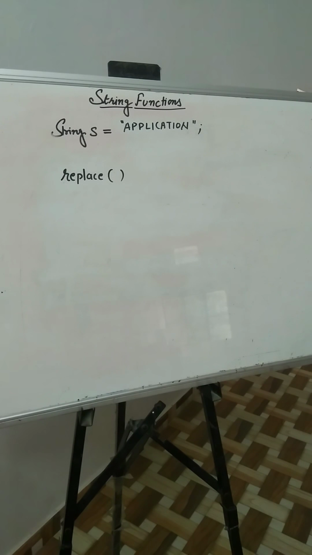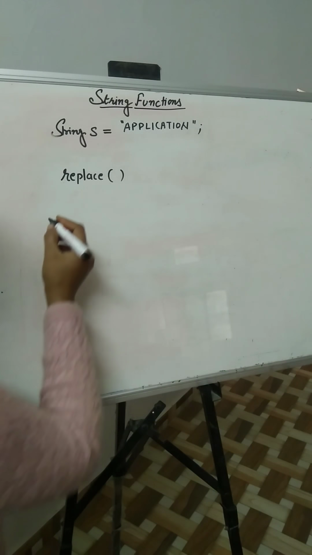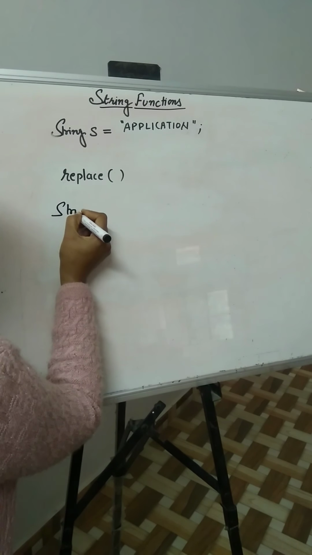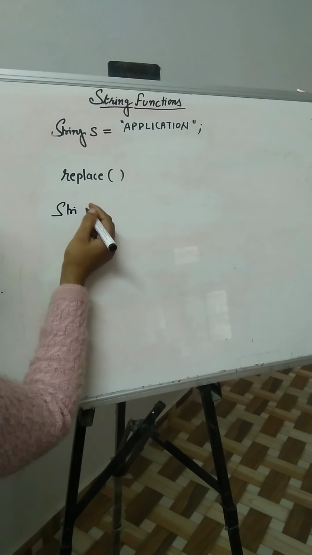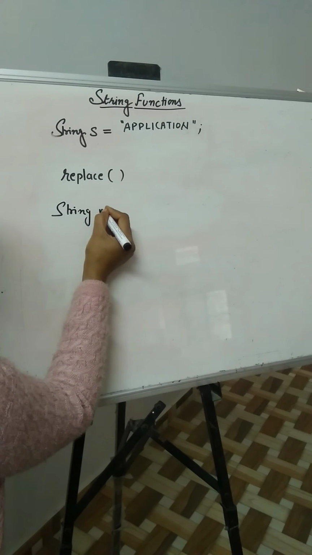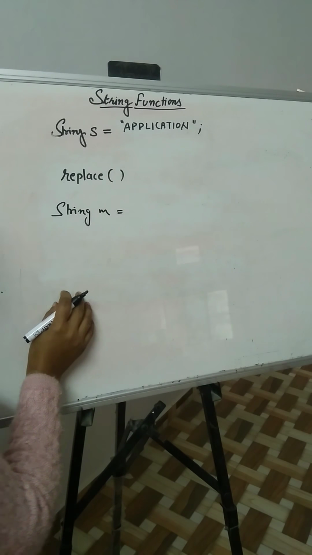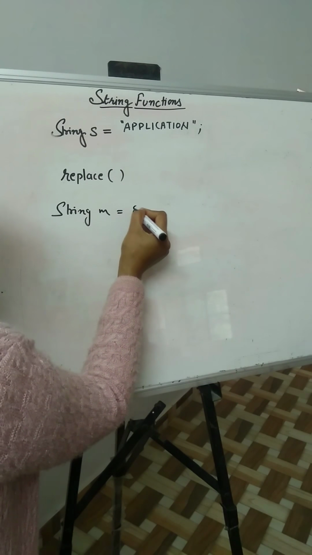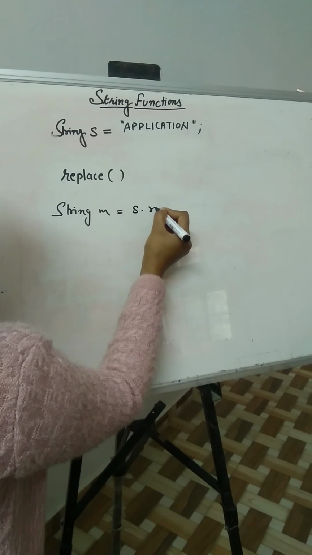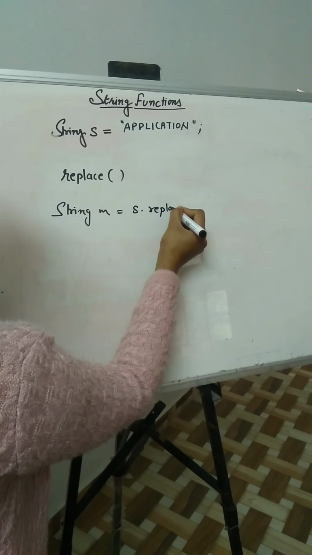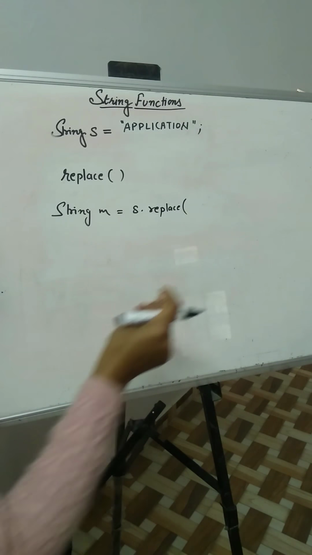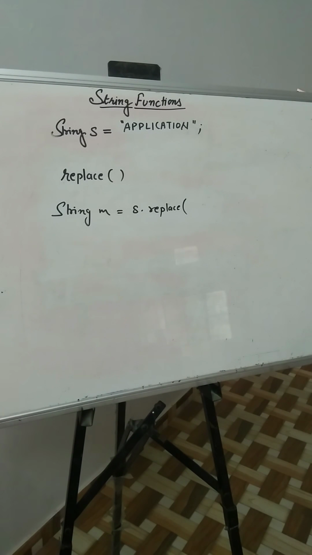Suppose we have to replace A by an asterisk sign. So what do we have to write here? It stores in string type, no? String M is equal to S dot replace function. We have to replace A with the asterisk sign.